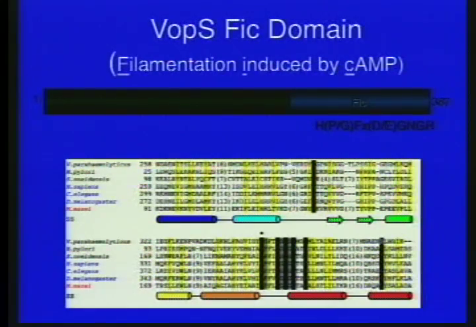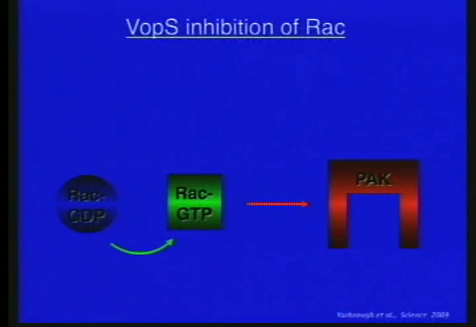So then we did some more investigations, and we said, well, what are important molecules in maintaining this actin cytoskeleton, the shape of the cell? And so we started looking at some molecules, and what we discovered is that VopS was impinging on this G protein signaling pathway. And these are monomeric G proteins, and they're Rac, Rho and Cdc42, and in this case, I'm going to talk about Rac.